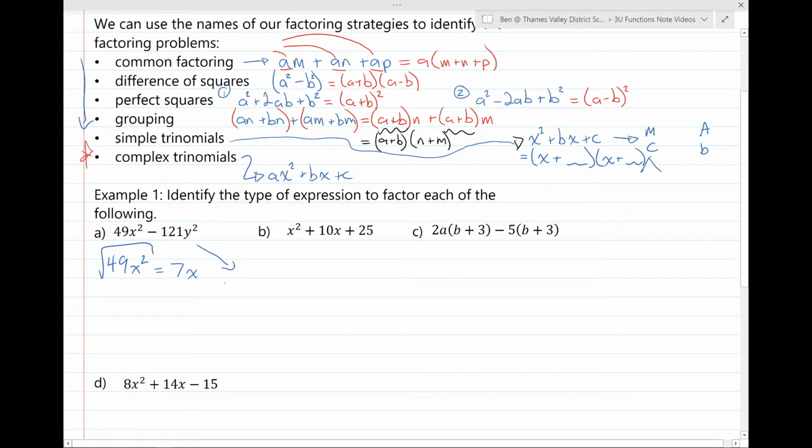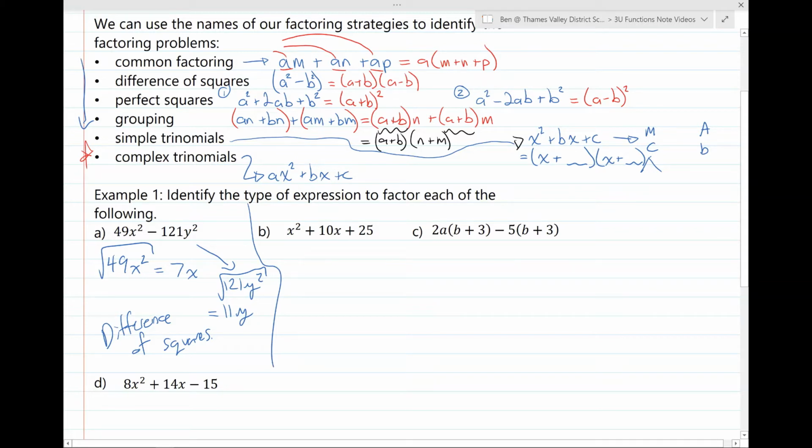Likewise, the second term, 121y squared, if I were to square root that, I would find it equals 11y. And I see my subtraction sign in the middle. So this is a difference of squares. We're not going to solve it right here. We just want to be able to recognize which strategy would be the most effective way to solve it.